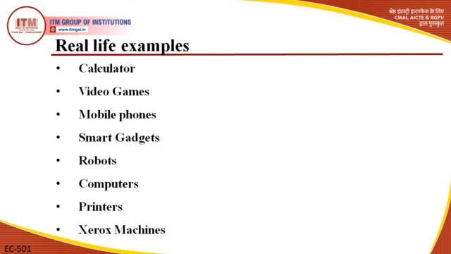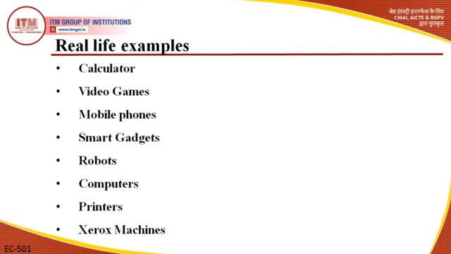Next, all of you are familiar with video games. So in video games, still images are processed at a very fast rate, and this processing will be performed by some processor which is efficient in digital signal processing. Next one, you are familiar with mobile phones.